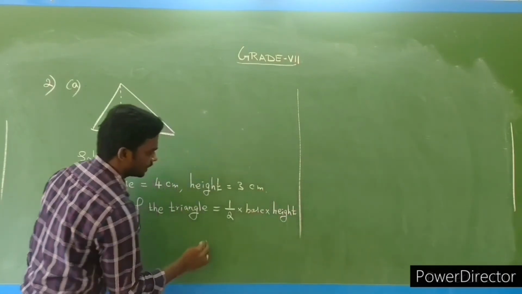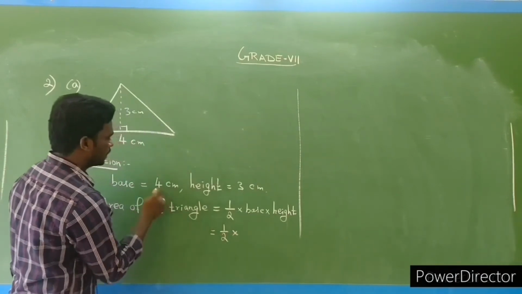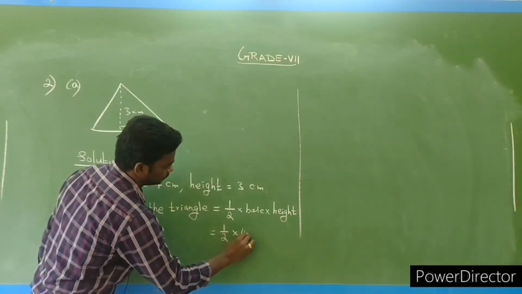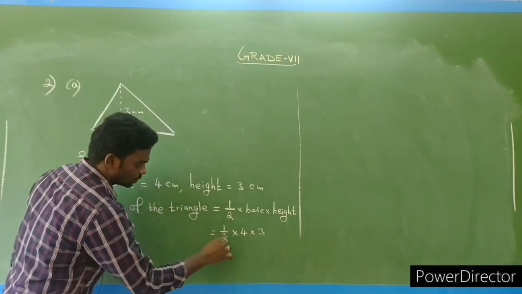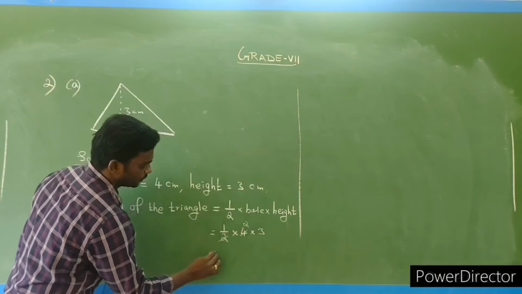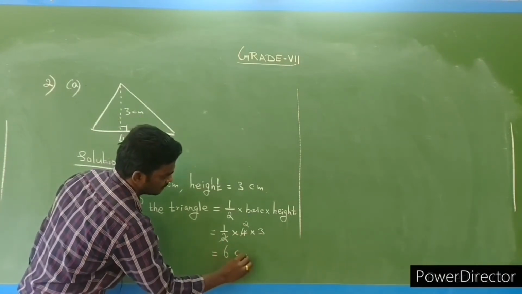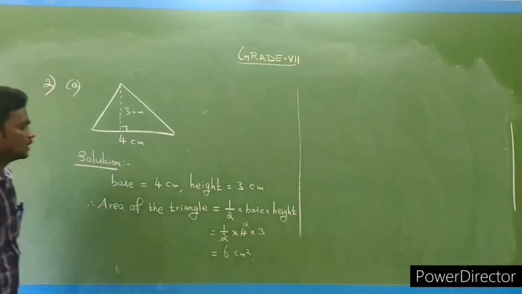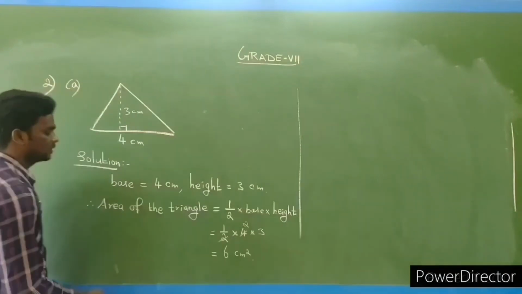Half of base into height, which is equal to 1/2 into base value is 4 centimeter and height is 3 centimeter. Here 1 2s are 2, 2 2s are 4. So the value is 2 into 3, what is that? 6 centimeter square.